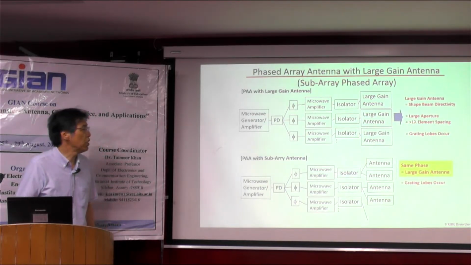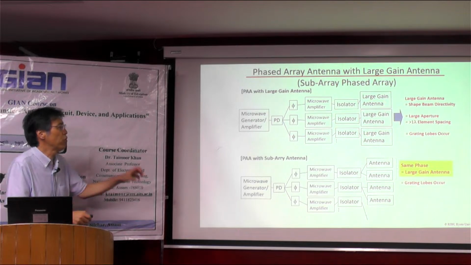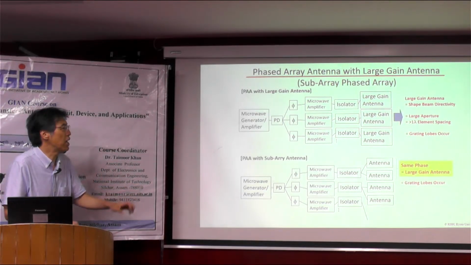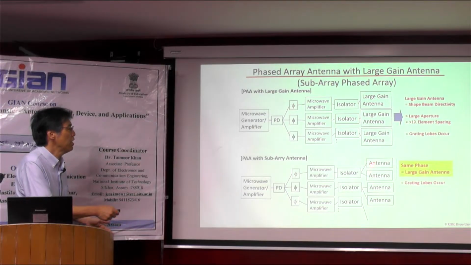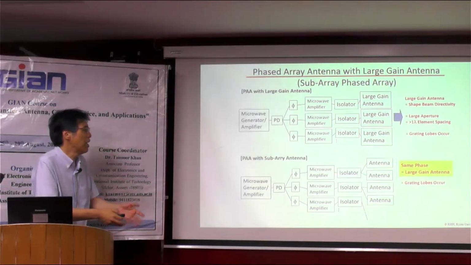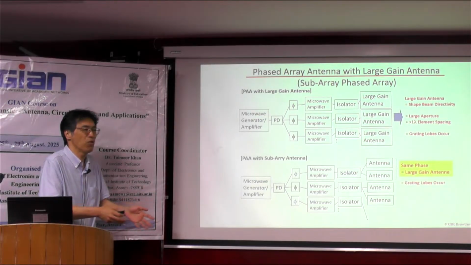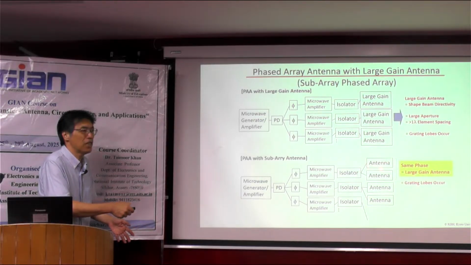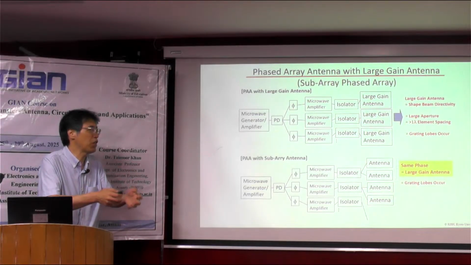In this case, we can put small antennas with a small antenna spacing. But in this case, each antenna propagates large power. And we should put a larger antenna size because each antenna produces much power.